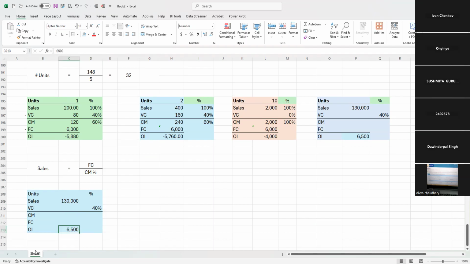The question is sales at break even. First, what are we going to find out? What's my contribution margin percentage? How do I get my contribution margin percentage? Sales as a percentage minus the variable cost as a percentage. What do I know about sales?